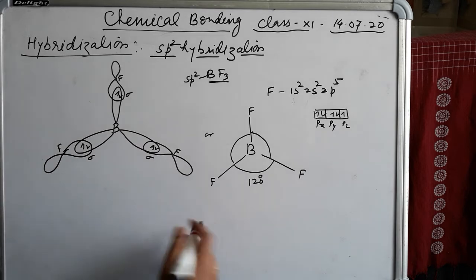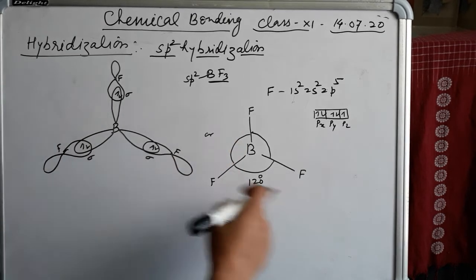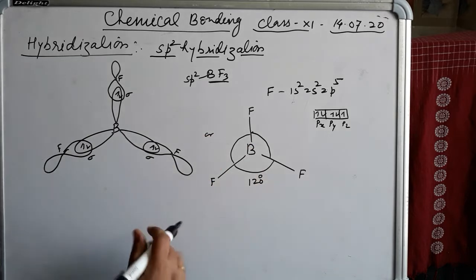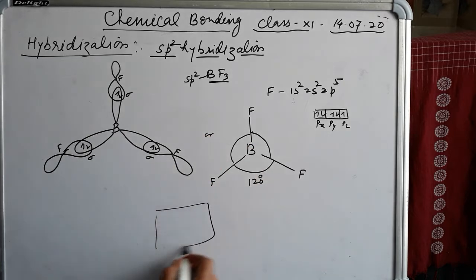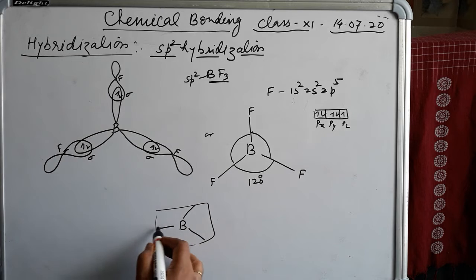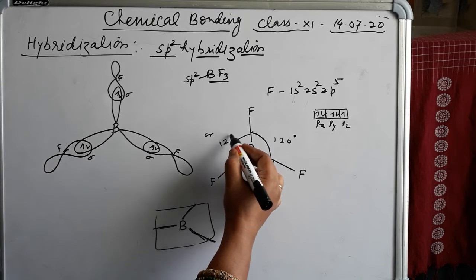Suppose this is a paper and they are placed on the plane, so it is called trigonal planar, just placed over the plane. So the bond angle is 120 degrees, and all the bond angles are 120 degrees.